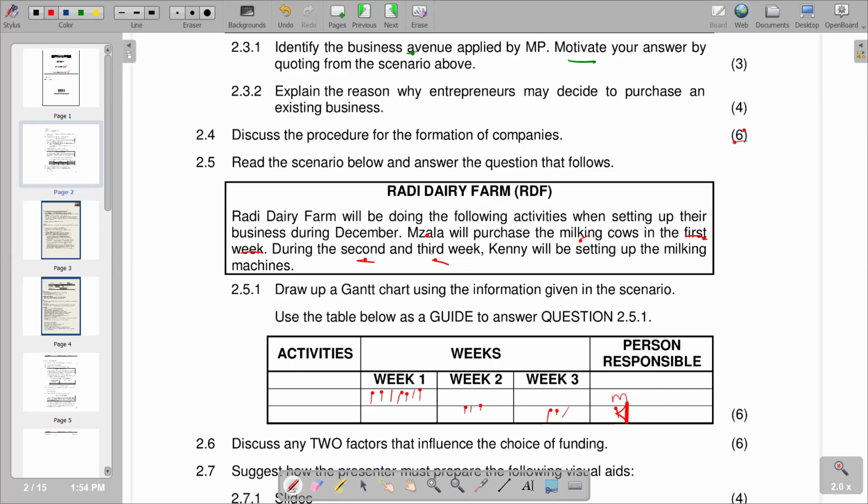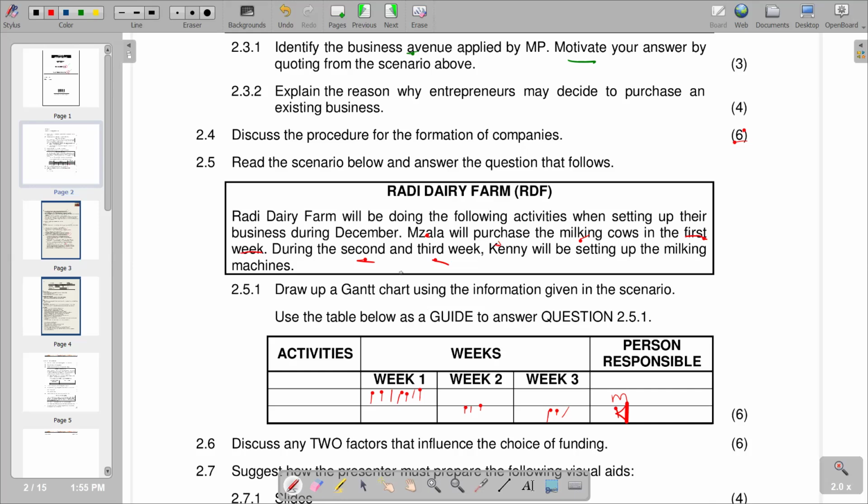We purchase the milking cows in the first week, and during the second week we'll be setting up the milking machines, which will be in the second and third week. So here the activity is setting up the milking machines, and the first week is only for purchasing the milking cows.